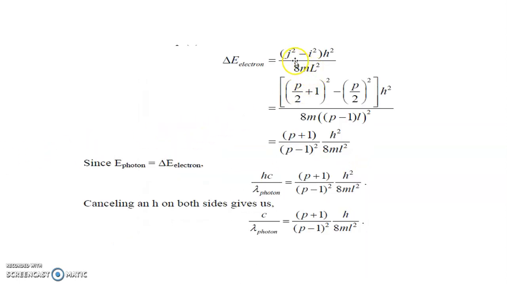Now for electrons, E equals n square h square by 8 m L square, put all the values, P by 2 plus half. You will get this. So E photon is equal to E electrons. Apply E equals hc by lambda and this equation, cancel out h on both sides, and you will get these relations.